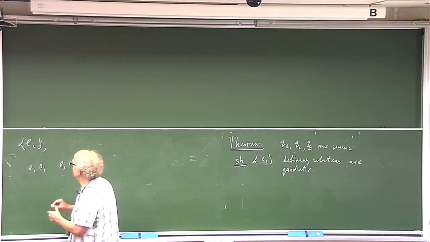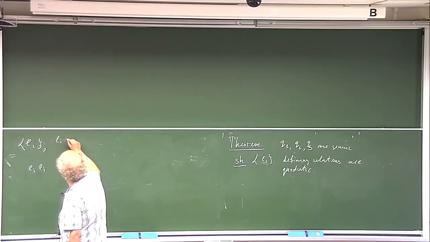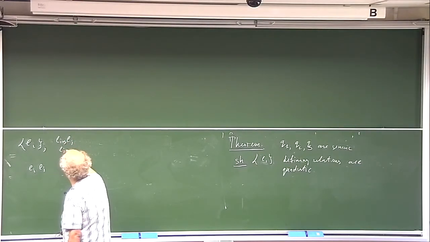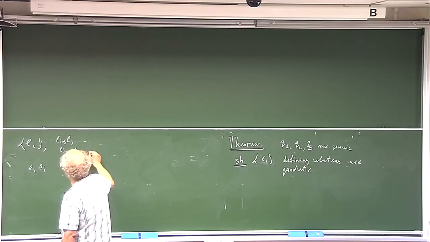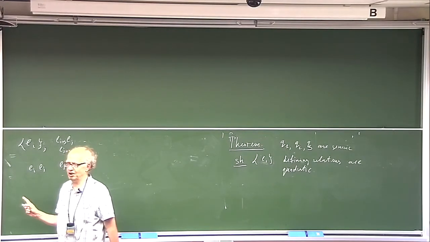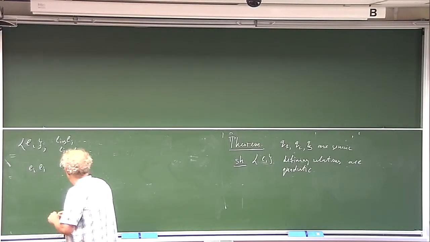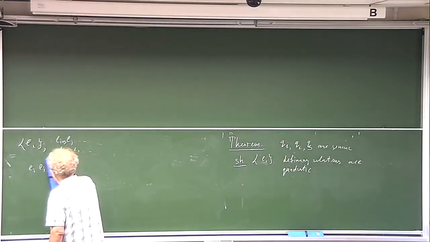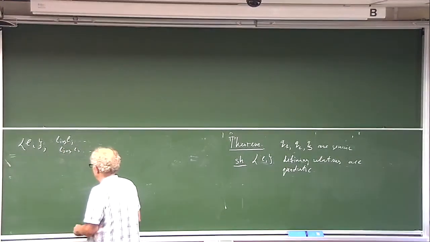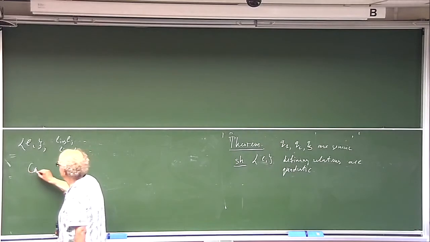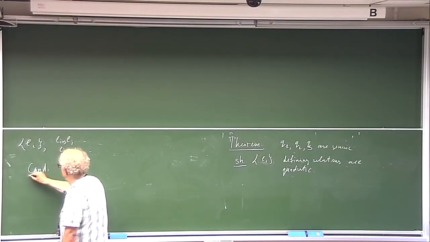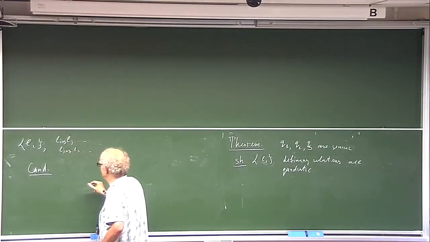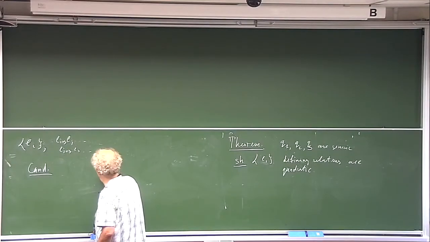And you see, in our case, EI EJ plus 3 and EJ plus 3 EI is some kind of relation we have. Therefore, in our algebra, we have a candidate for a basis. And this candidate looks like this. We can start with EI.